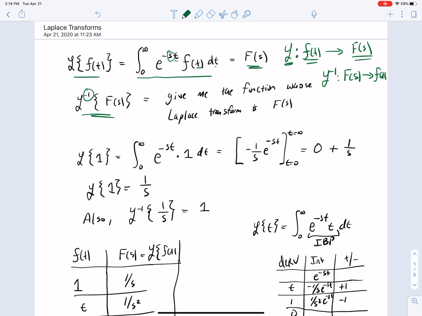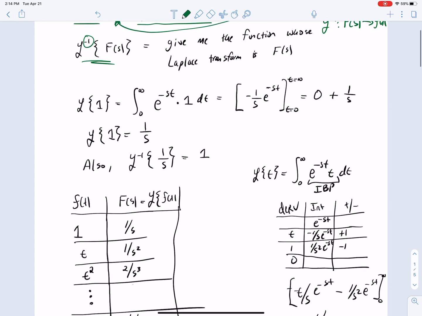The easiest way to think of these, at least initially, is when we compute any Laplace transform, we'll write it down and remember it, because if we read it backwards, we now know the inverse Laplace transform of F of s is f of t. It's much easier to calculate the forward than the reverse here.